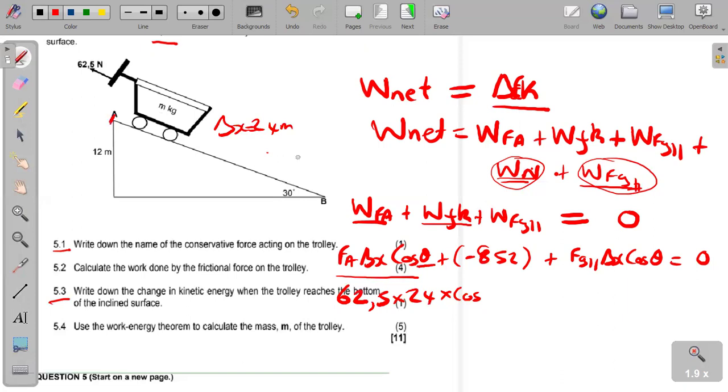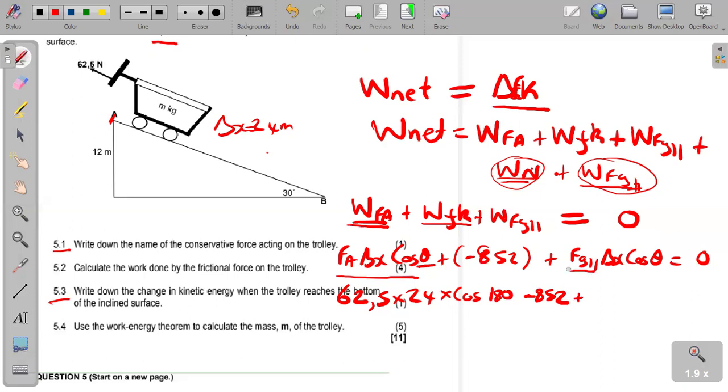Apparently, that's also the direction of the displacement, which means the applied force in this scenario is not acting down the incline. So I want you to desist from the common thinking of just saying an applied force's angle is always going to be 0 when you are calculating the work done by the applied force. No, it's not the case. Like in this case here, the applied force is actually acting in the opposite direction to the direction of the displacement. Therefore, we are going to place here 180, minus 852, right? Plus the work done by the parallel gravitational force.